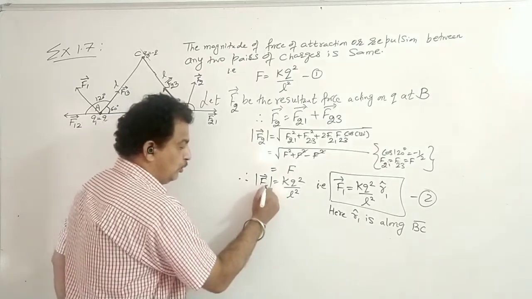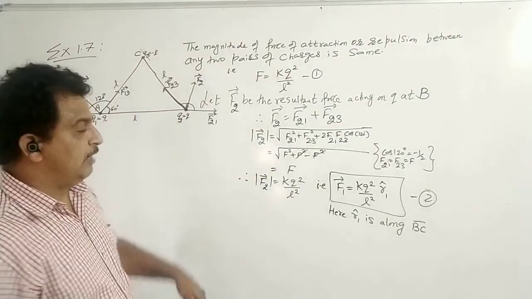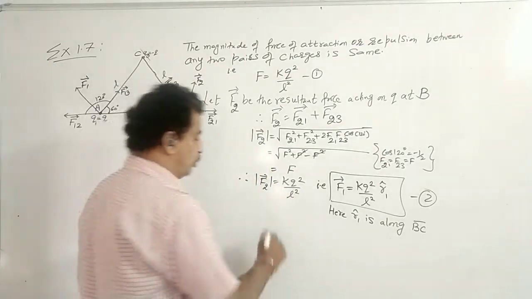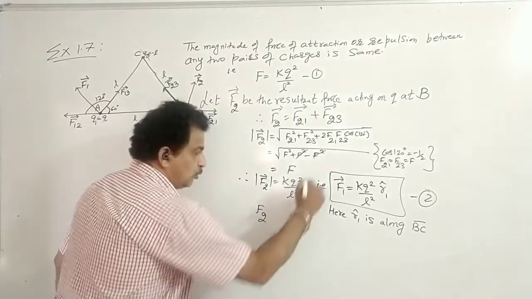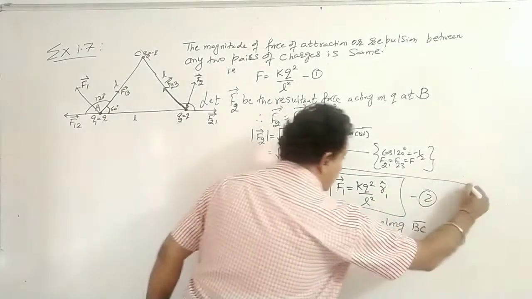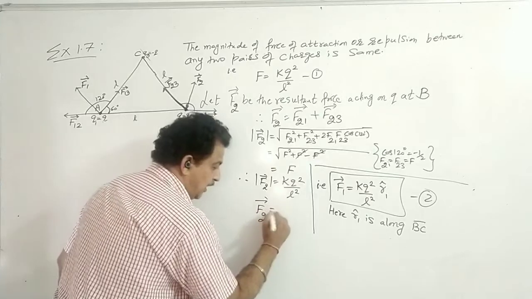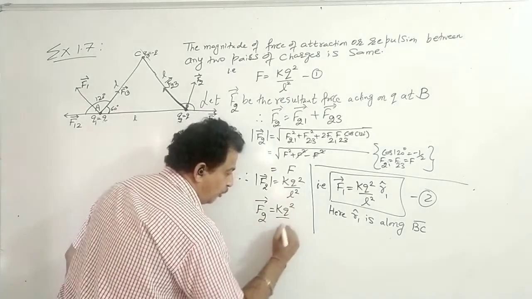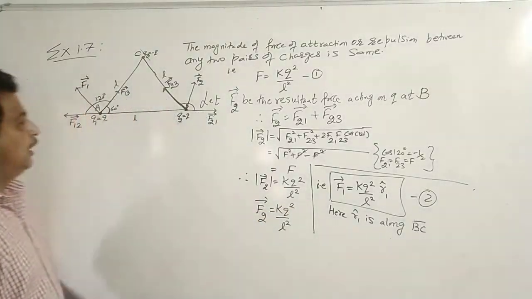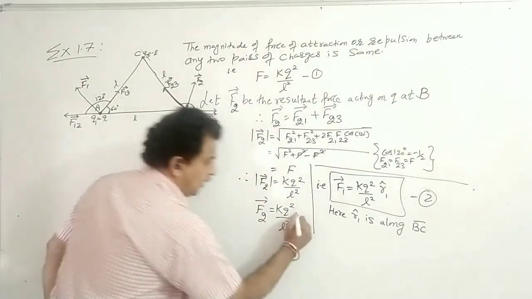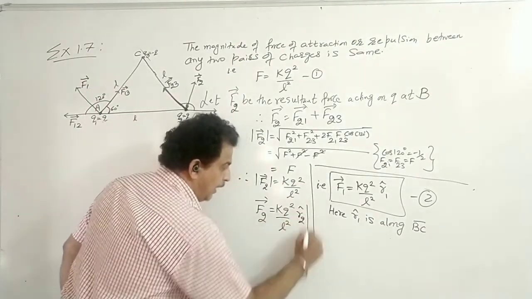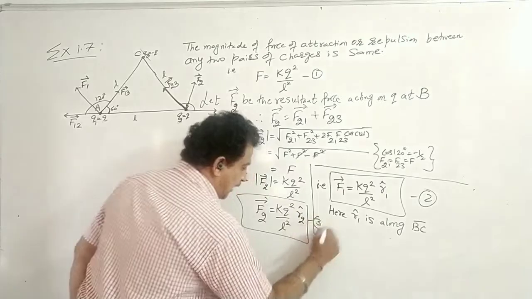So this is F2. Now if I want to write down the equation for F2, this was for our A portion. So F2 vector can be written as kq square upon L square. Now I make this direction R2 cap and this is equation 3.